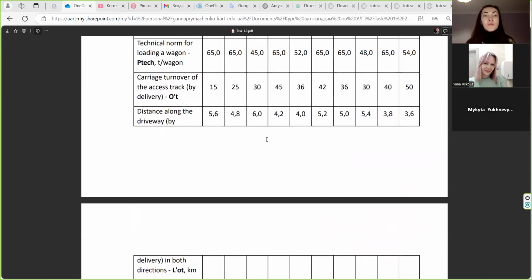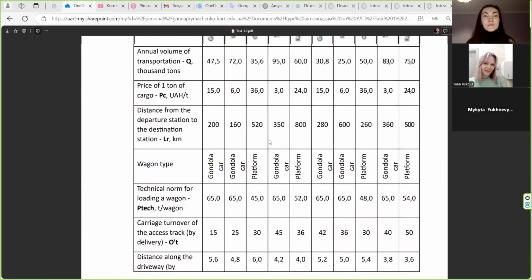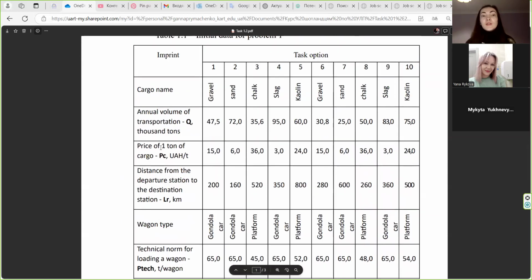Find it in our table. It is the price of 1 ton of cargo. We already used this information in a previous formula. Now we open this table so you could check it by your variant. P with index C is the fourth line of our table.